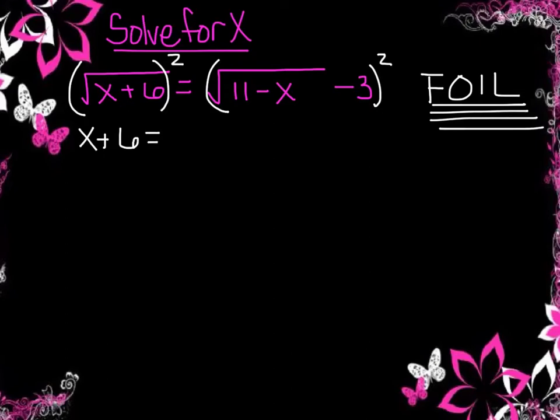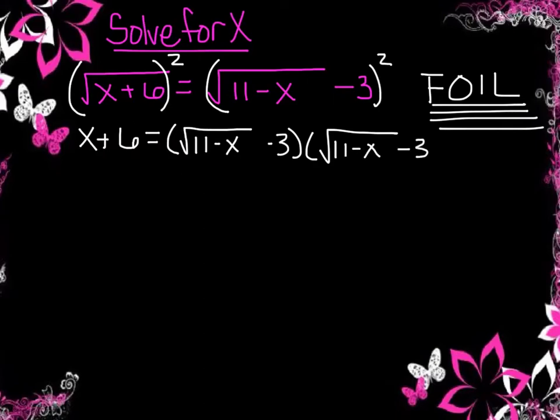So we've got equals, hold on, square root of 11 minus x minus 3 times the square root of 11 minus x minus 3. And we're going to go first. When I do the square root of 11 minus x times the square root of 11 minus x, I get 11 minus x.